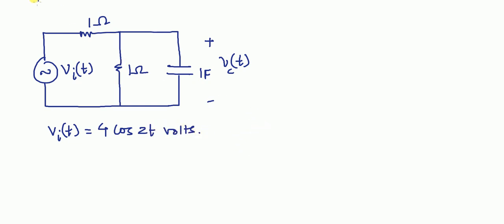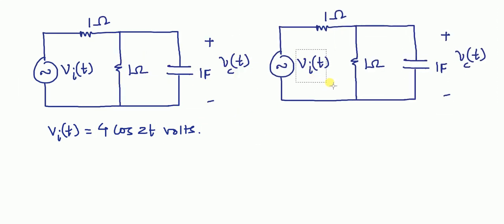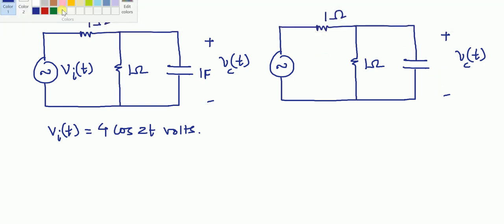Now to solve this question of sinusoidal steady state response, first of all we will write the input voltage in Phasor form, and input voltage in Phasor form is 4 at an angle 0 degree volts.